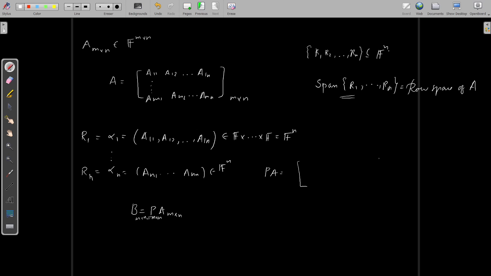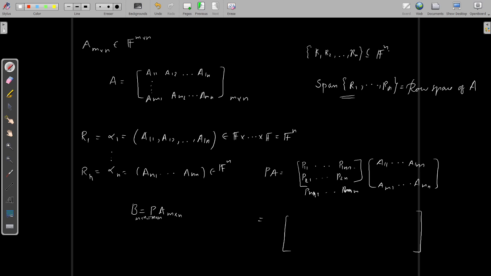PA is obtained from this matrix P, with entries P11 etc. P1m, P21 etc. P2m, Pm1 etc. Pmm, and this matrix A, with entries A11 etc. A1n, similarly up to Am1 etc. Amn, which I call a matrix of m by n.